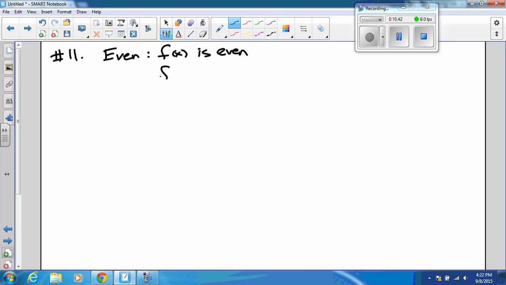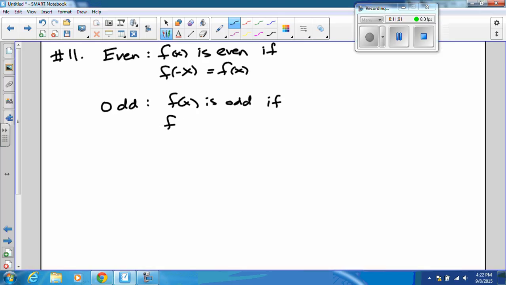And that is this: f of x is even if f of opposite x is equal to f of x. If f of x is odd, if f of opposite x is the opposite of f of x.